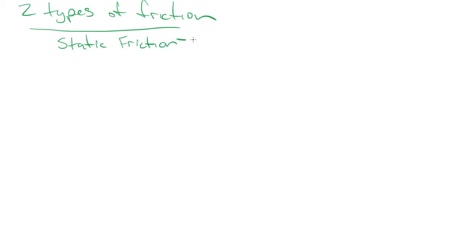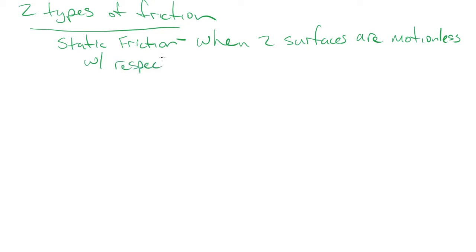And static friction applies in the case when you have two surfaces in contact and those two surfaces are motionless with respect to one another. All right, so you have two surfaces and they're not moving relative to one another.